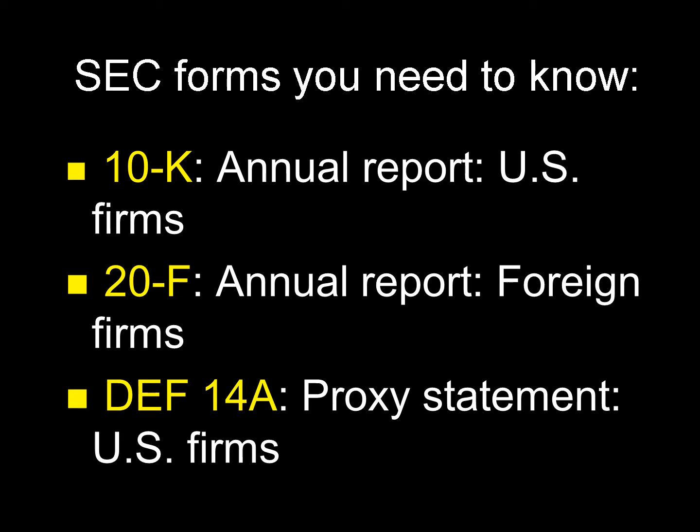And then there's a final form you'll need to know, the DEF 14A, the Definitive Proxy Statement. We'll explain this form. This is where you find out the executive compensation. How much are the bosses making at these corporations?